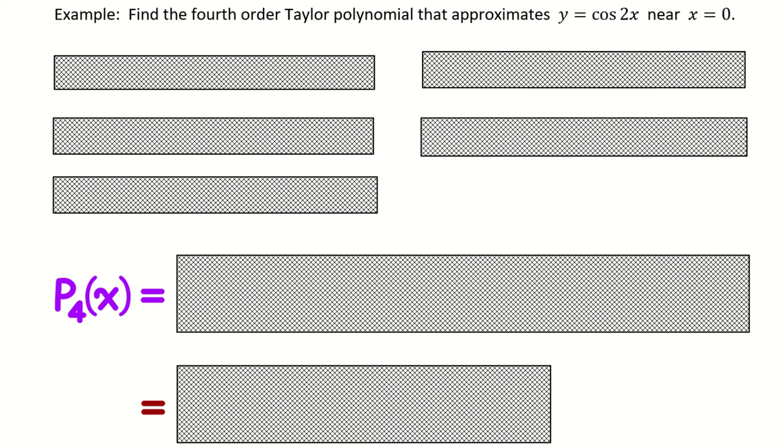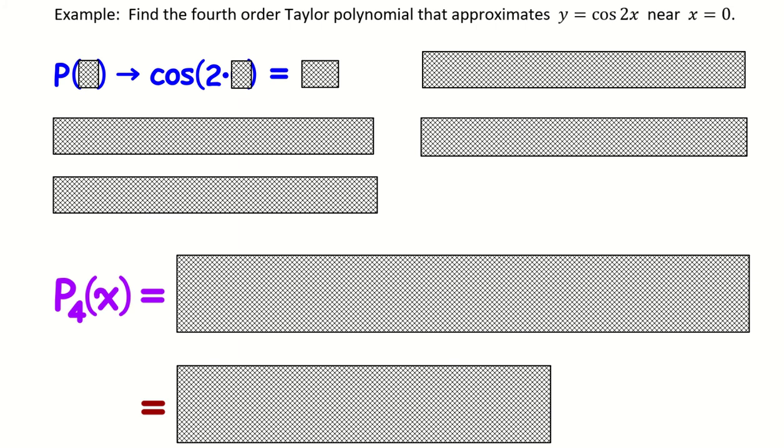Let's do another example. Let's find the fourth order, only the fourth order, Taylor polynomial that approximates y equals cosine of 2x near x equals 0. So we're not even doing the series on this one, right? So the same song and dance, we're going to plug in 0, still plugging in just 0.